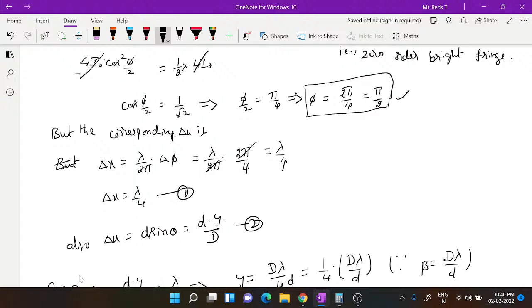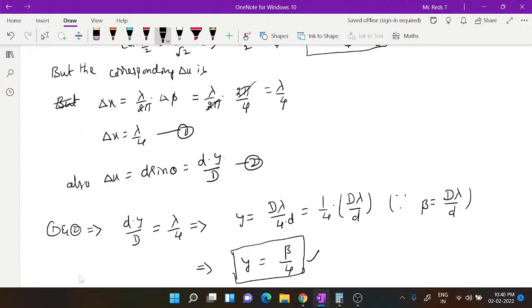Taking this as equation 2, from these two, as the left hand sides are equal, if we equate the right hand sides, we get small d into y by capital D is equal to lambda by 4. On simplifying further, y is equal to capital D lambda by 4 into small d.